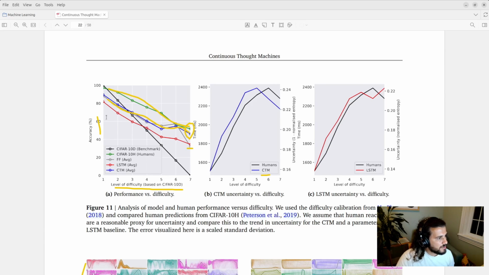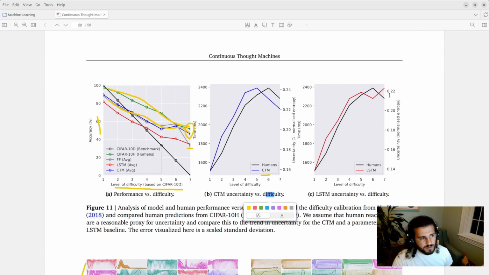Even the fully connected average follows the CTM in some way. And here you have a measure of uncertainty versus difficulty. The measure of uncertainty is based on the number of ticks it used in order to make a decision. And as the difficulty increases, the time it takes is a bit longer, a bit like the human.